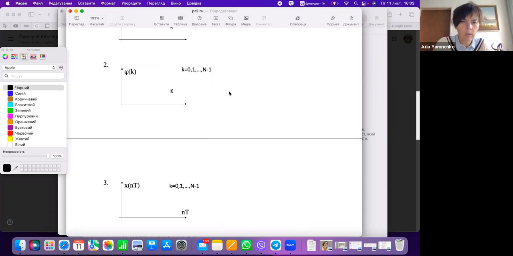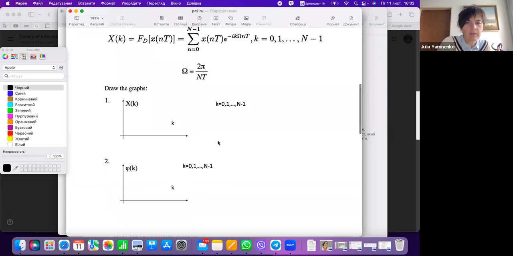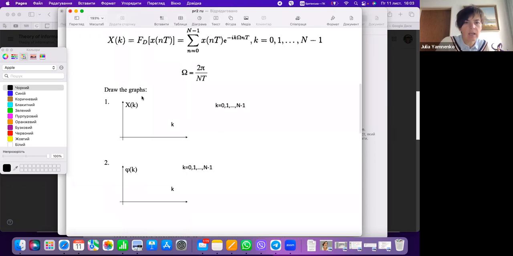Small k, because this is a counter, changing to capital automatically. Okay. So the first graph is the component of the spectrum that you already calculated.